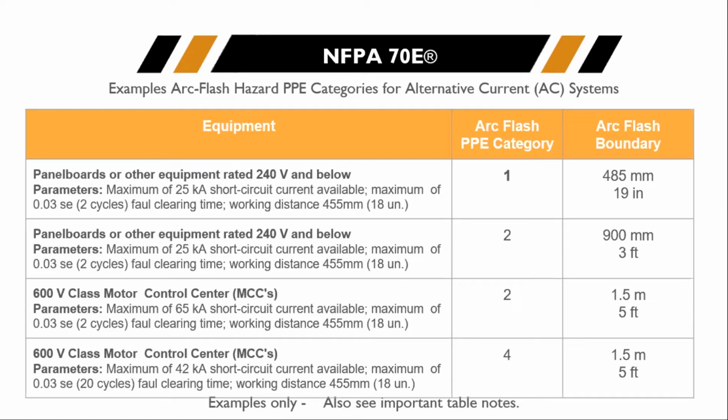With 600 volt class motor control centers, MCCs, the arc flash category is the second. And finally, with 600 volt class MCCs, the arc flash PPE category is the fourth, and the arc flash boundary is a distance of 1.5 meters, or 5 feet.